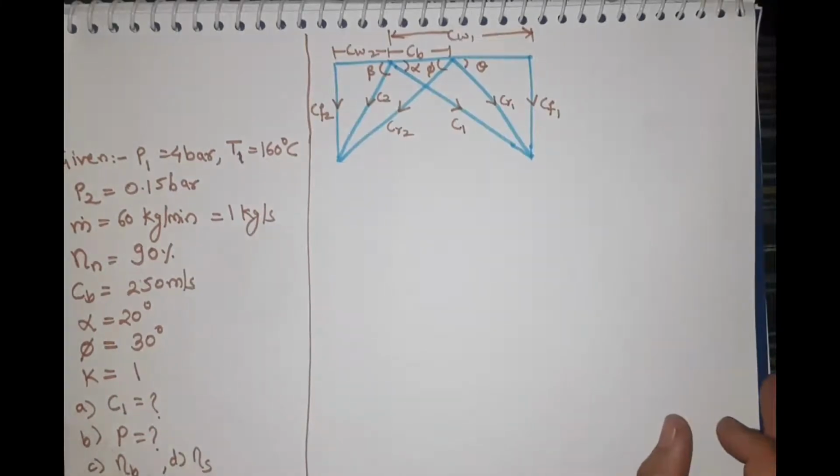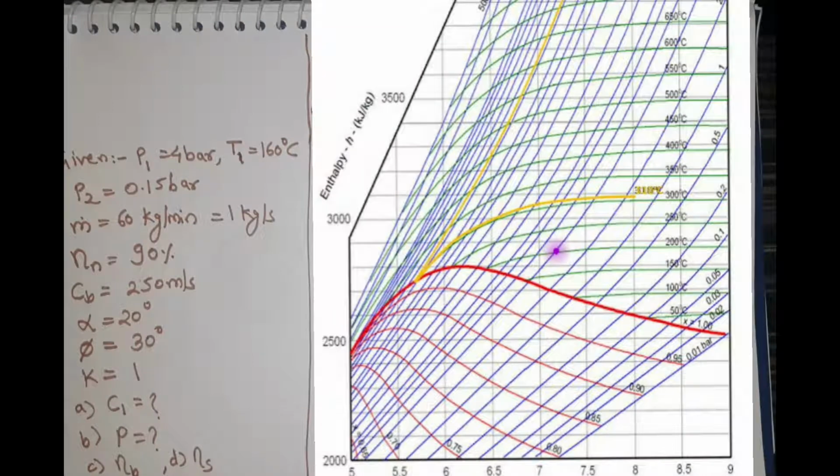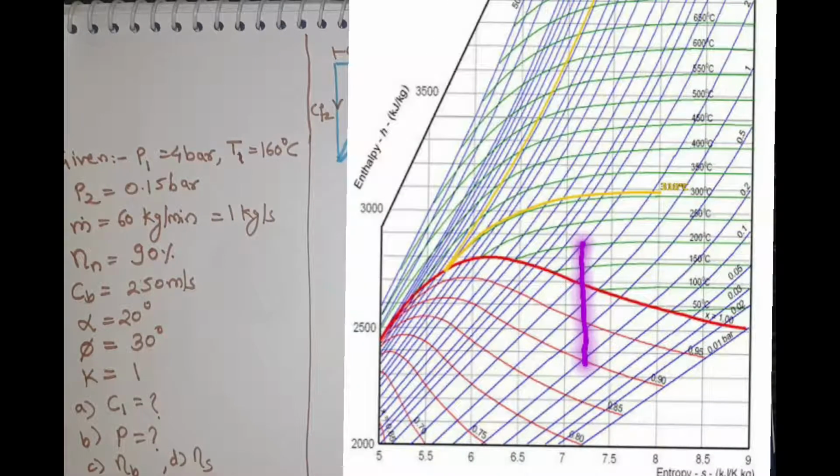As inlet and exit conditions are given, so from the Mollier diagram we can find the isentropic enthalpy drop. So here is the inlet condition, that is pressure 4 bar and temperature 160 degrees Celsius, and here is the outlet condition, that is 0.15 bar.